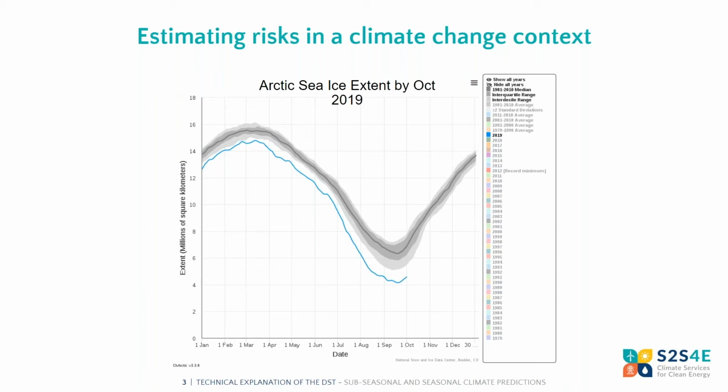For instance, for a wind farm, you would estimate the risk of having a month with very low income based on the last 30 years. But what happens if the next 30 years are not like the past 30 years? Then we need a better answer, and seasonal and sub-seasonal predictions will hopefully help us with that.